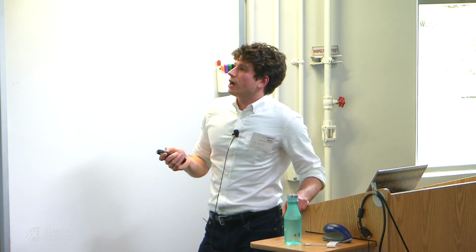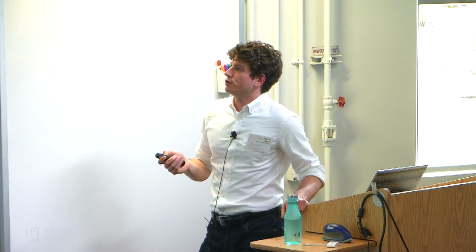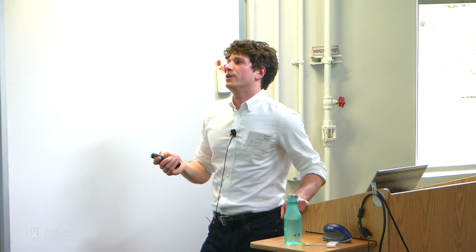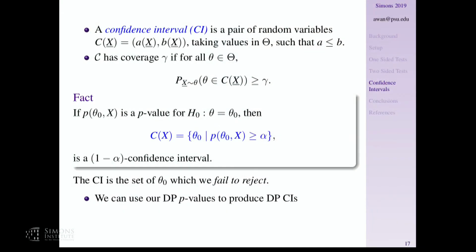And a confidence interval has coverage gamma if under the true value theta, the probability that we contain theta is at least gamma. So this is like what Vijesh was talking about earlier. We want to make sure that these are valid or honest confidence intervals. So we're going to insist that this probability holds strictly.